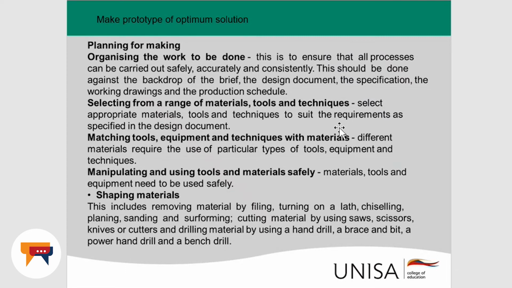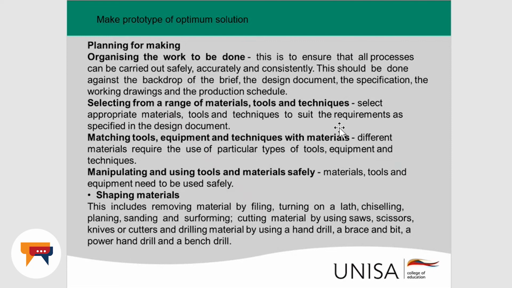So you need to organize, you need to have all the materials, you need to have all the tools, and you also need to take into consideration the safety issues. You need to ensure that the working environment is safe for you to carry on with the making of the product.